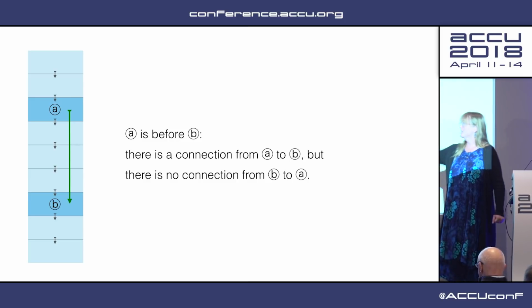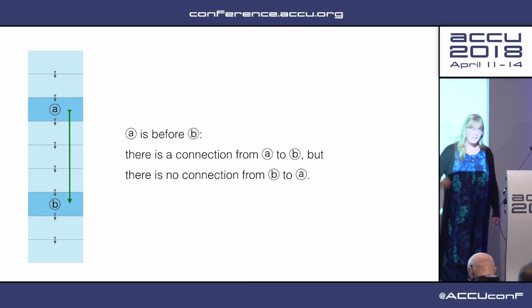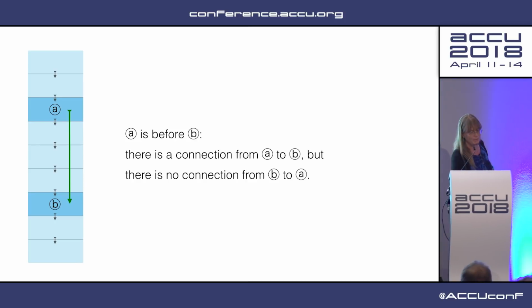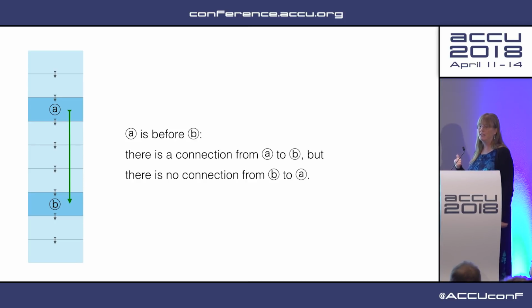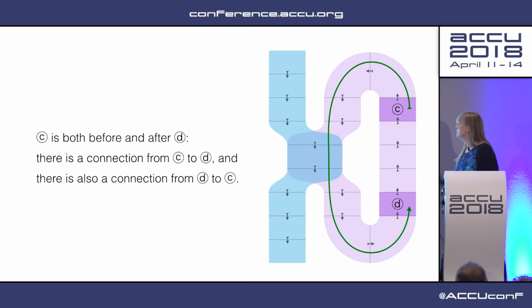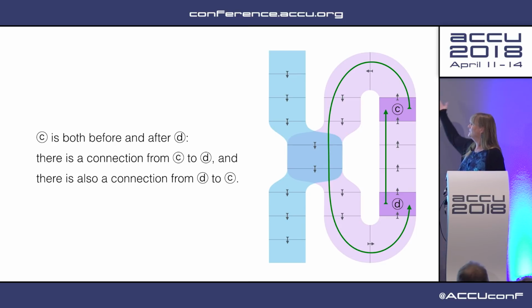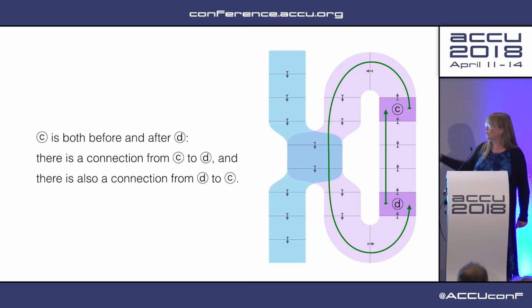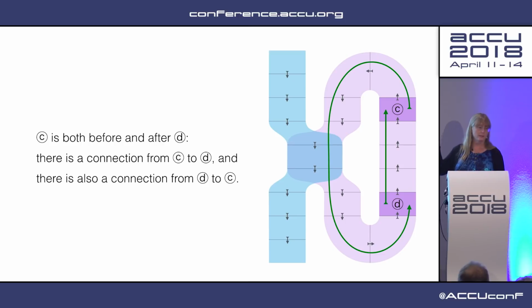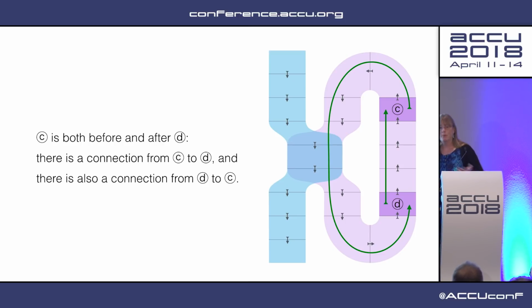Before is connection from A to B, but not from B to A. And we can have connection in both directions. There's connection from C to D and connection from D to C. They're along different paths, but they connect in both directions. And that's how we make loops.